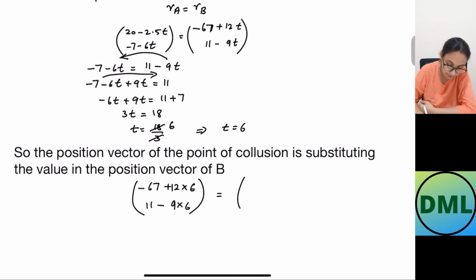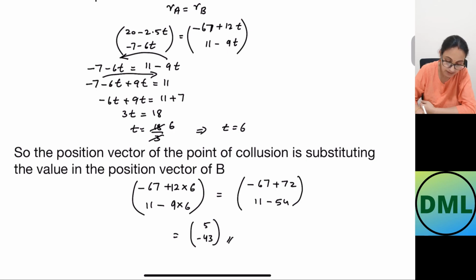So that will be equal to minus 67 plus 72 and 11 minus 54. If you solve it, that will be 5 and minus 43. So this is the answer for the point of collision of the two particles A and B.